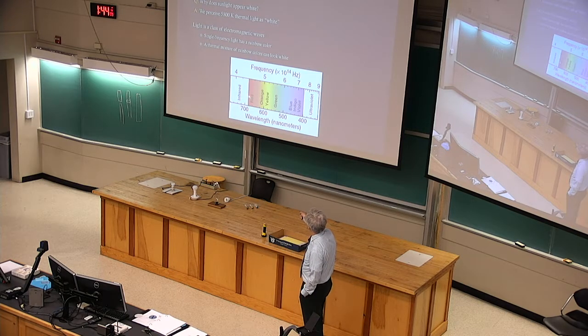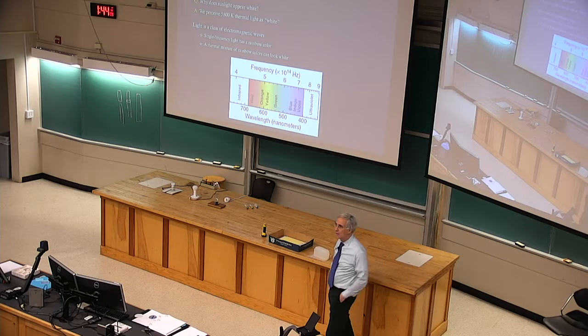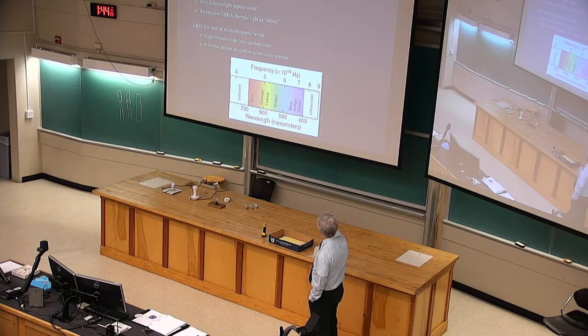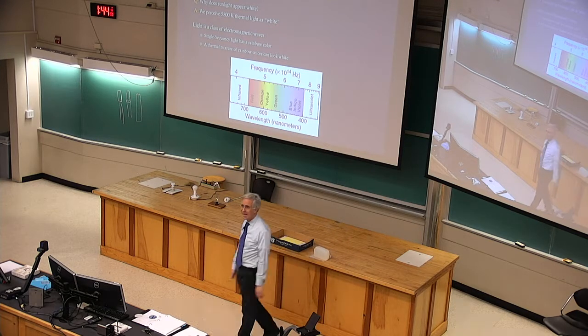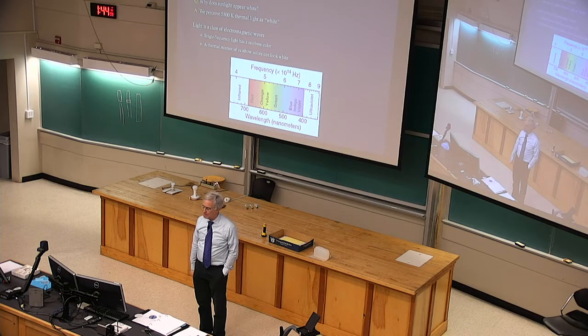It also emits light that we cannot see that's beyond red, called the infrared. And a significant fraction of the light that reaches us on Earth is in the infrared. The sun also emits light that we can't see that's beyond the violet end of the spectrum, and hence called ultraviolet. And there's a moderate amount of ultraviolet coming from the sun too.